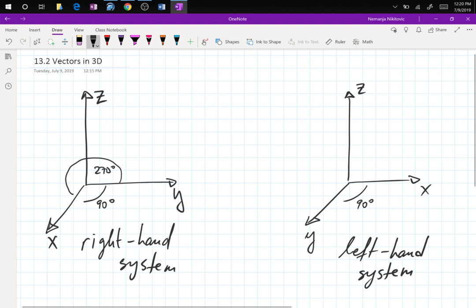So if you try to use your left hand on the first diagram, when you wrap around, you see that you hit Y and then X, because of the 90 degrees. And if you use the right hand, you hit X and then Y between the 90s. So that's what's important.